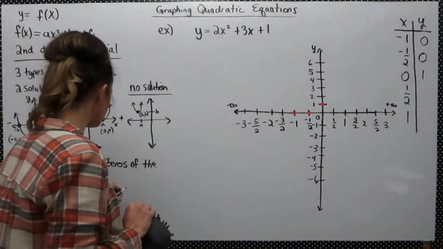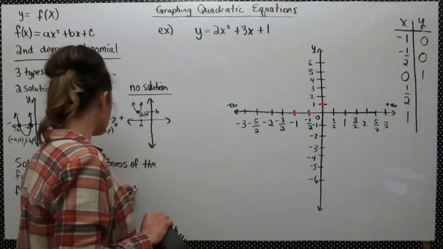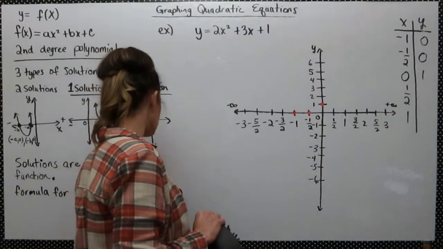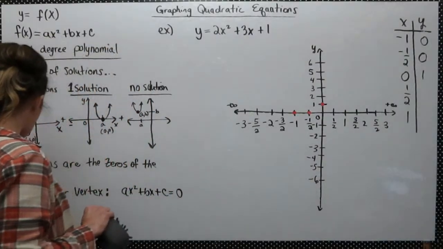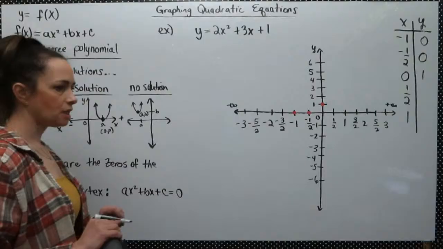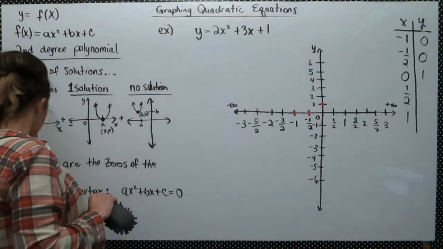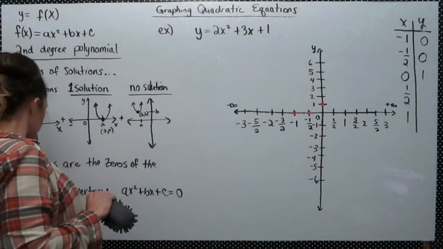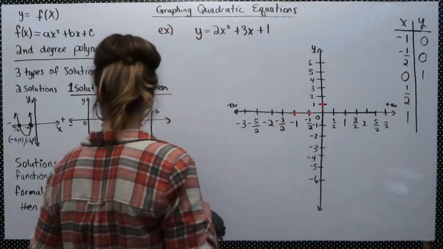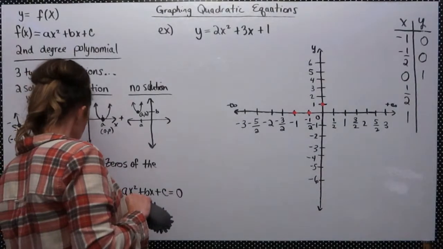If your quadratic is in this form, ax squared plus bx plus c equals 0, then the coordinates of the vertex are at -b over 2a, comma, -b squared minus 4ac over 4a.